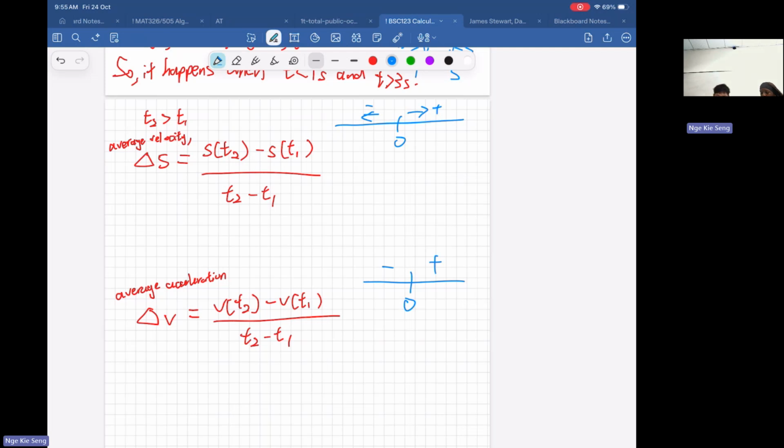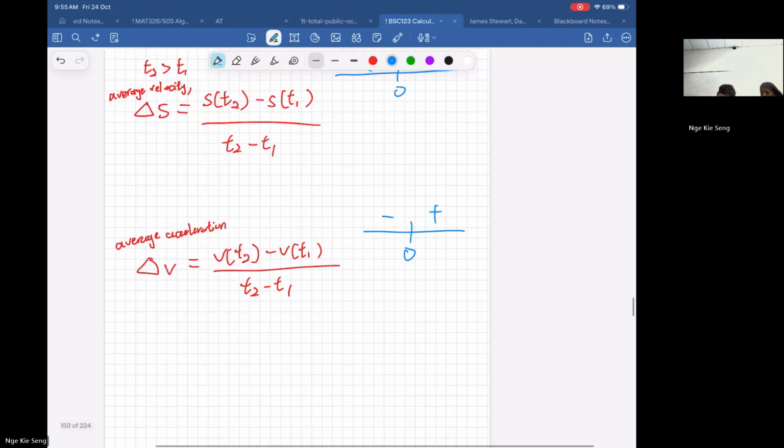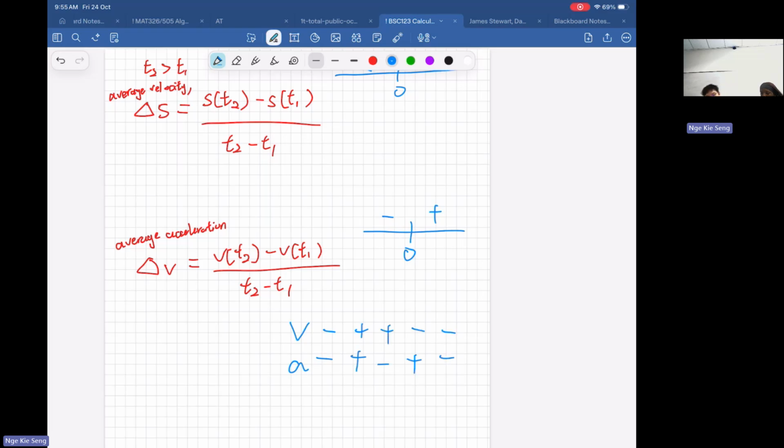But the question is, it is possible that V is positive, A is negative. There are four things that could happen for V and A: plus, plus; plus, minus; minus, plus; and minus, minus.